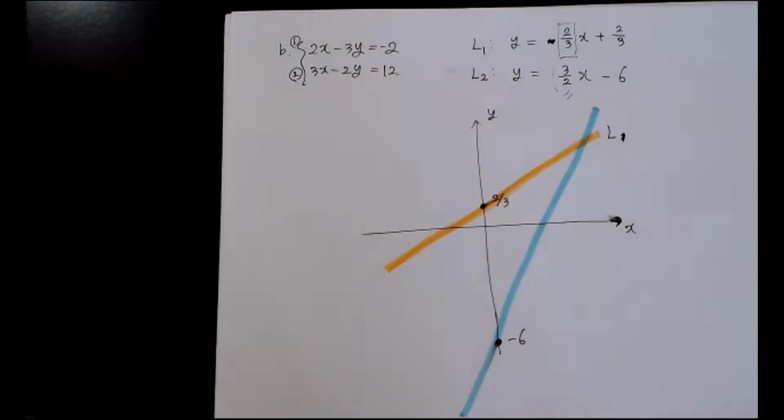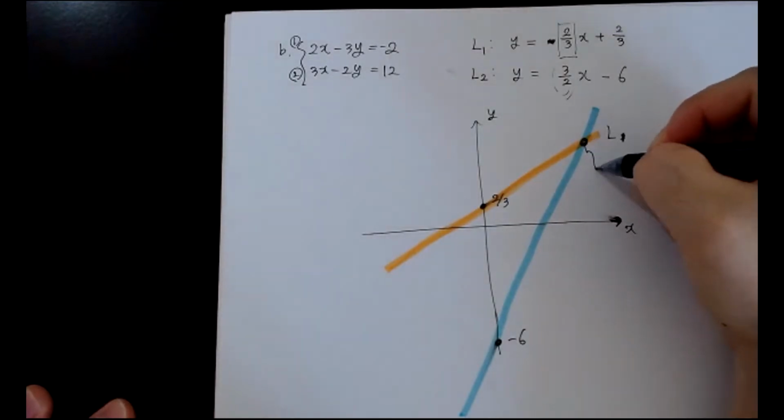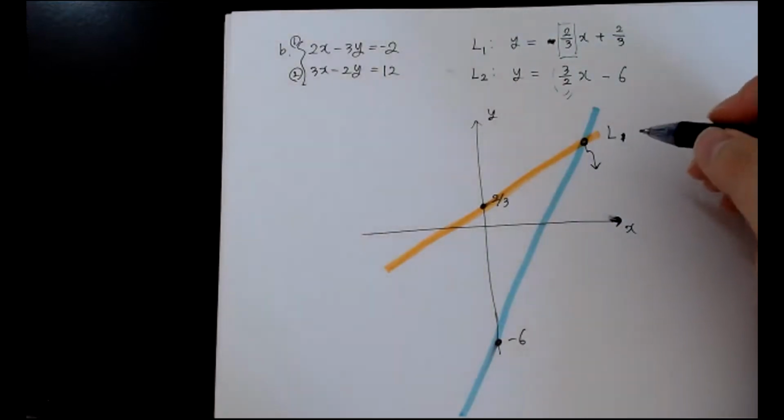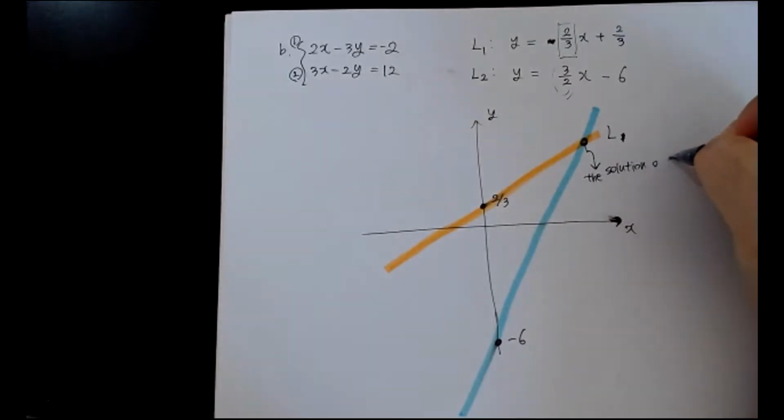Now you can see that the two lines just cross so that they have one intersection point. So we can expect that the system has one solution in the solution set. Let's figure out that solution, the solution of the system.